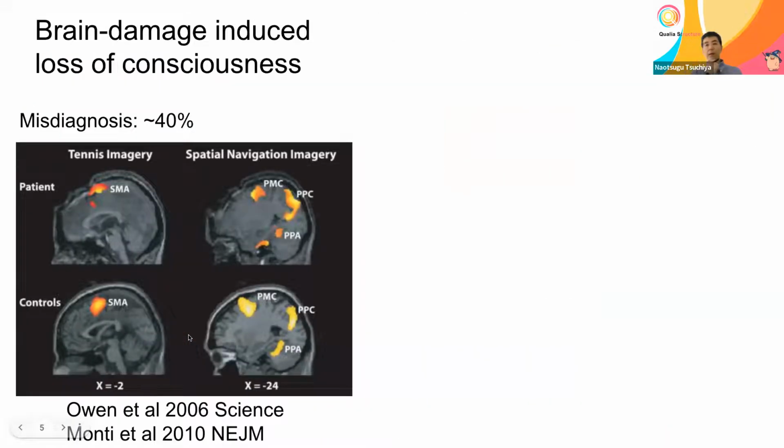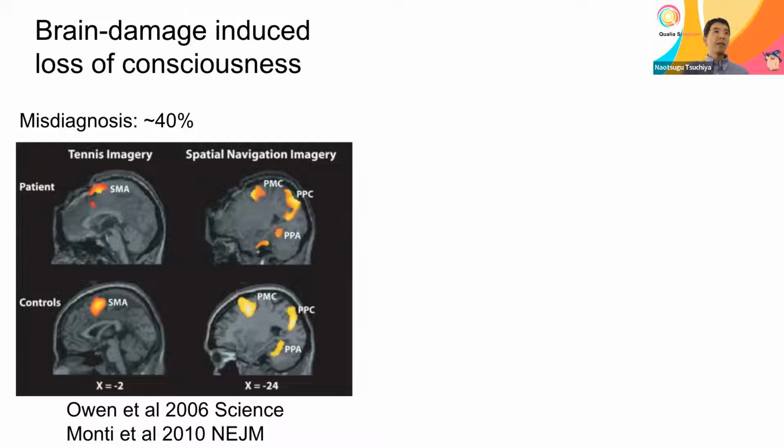And leaving aside these theoretical issues, there are at least two important current clinical issues with respect to loss of consciousness. This is a figure from the famous 2006 paper published in Science by Adrian Owen and colleagues, which was followed up by Monti and others several years later.